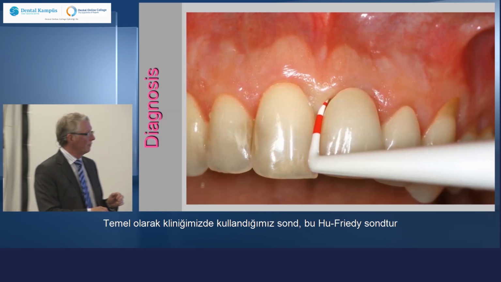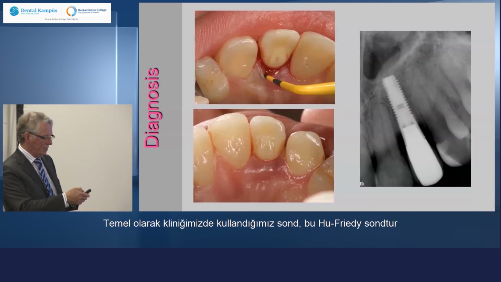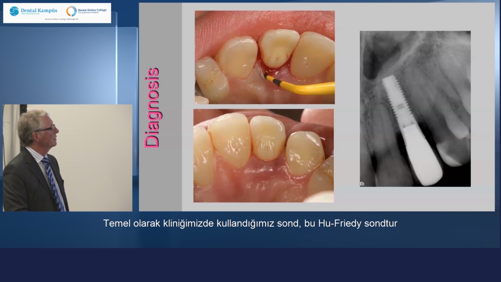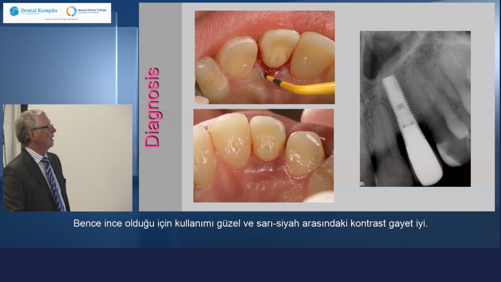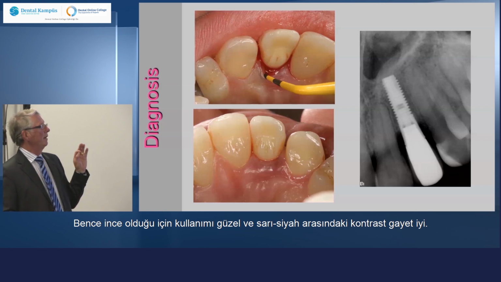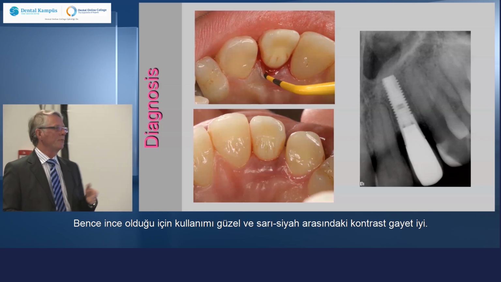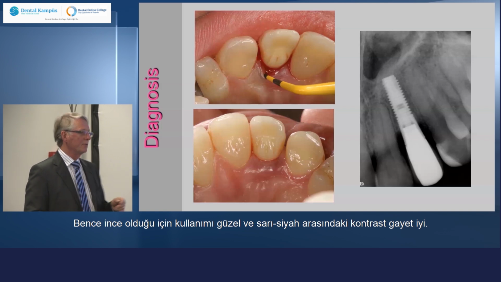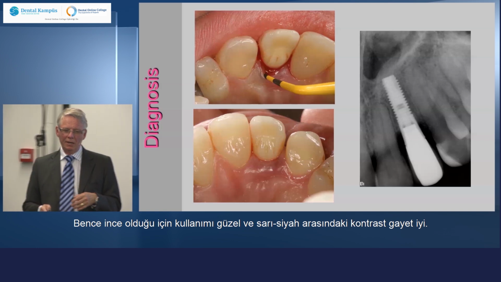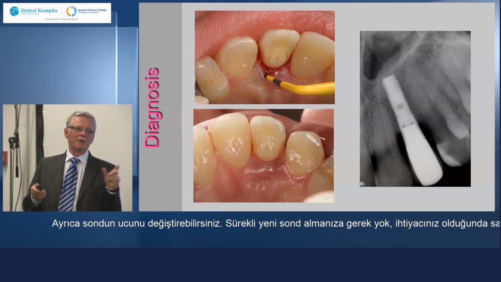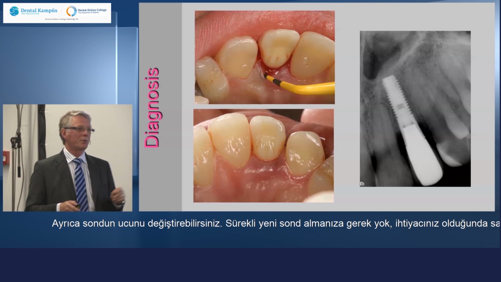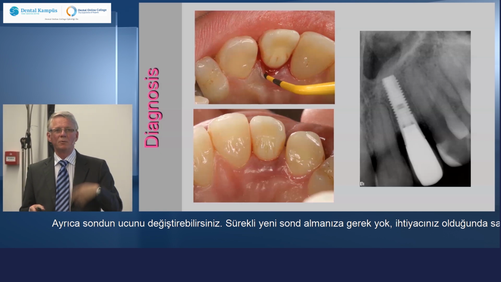Basically the one we are using in the clinic at present is this one. It's a U3D probe, and I think it's thin, it's nice to use, and the contrast between the yellow and the black is very good, and you can change the tip of the probe, so you don't have to buy a new one the whole time.